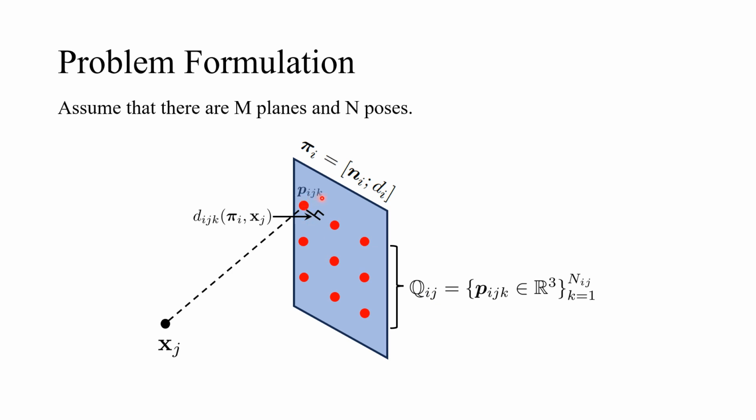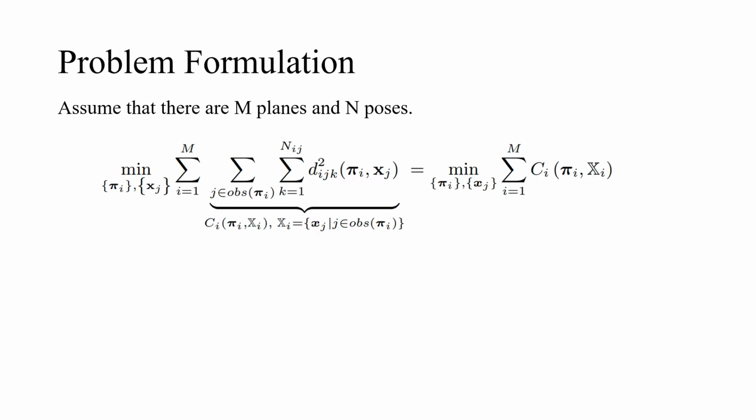Assume Pijk is a point in Qij, and Dijk is the distance from Pijk to the plane πi. Using these notations, we can formulate our cost function like this. Here, Ci represents all the cost on the plane πi.